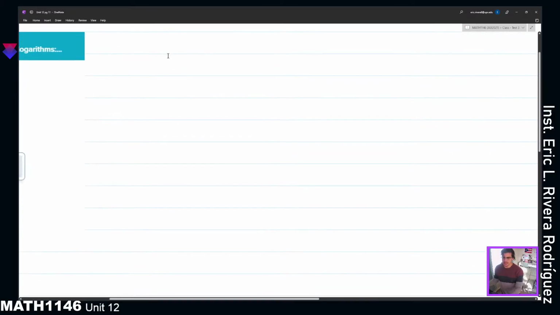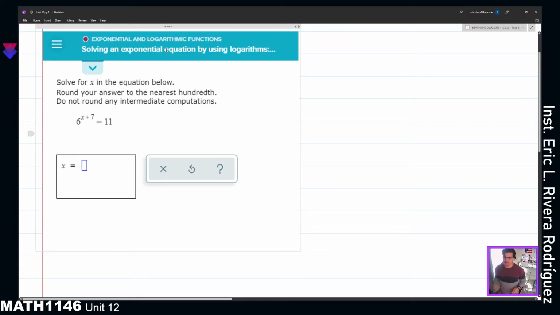Okay, and the last three exercises... So in unit number 10, we solved exponential equations by the following property.